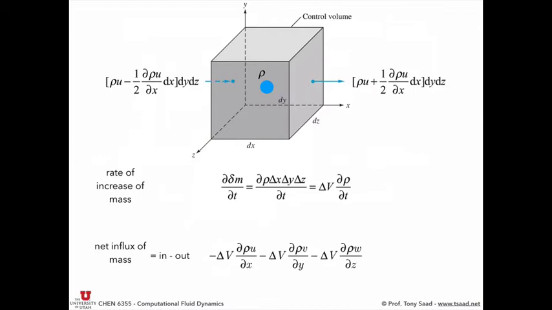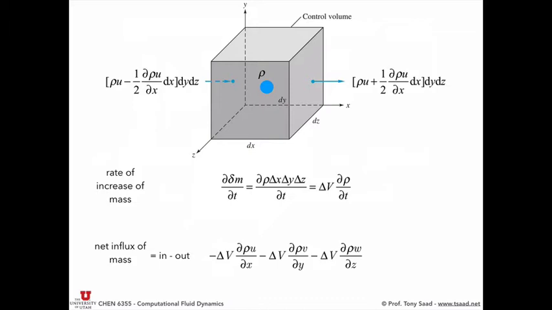And then conservation of mass tells us that d delta m by dt, which is d rho delta v by dt, or delta v d rho by dt, because delta v is constant, right? You agree that this volume is fixed, non-deformable. Delta v d rho by dt is equal to the net influx of mass. So in other words, in minus out.